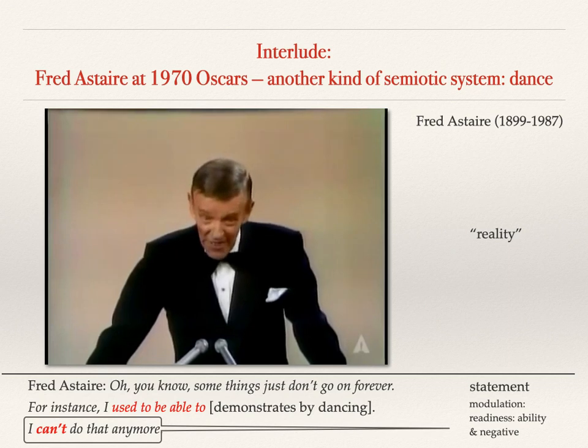All right. So this is a nice illustration of the importance of not enacting oneself as not having ability. I can't do that anymore. Now, this is, of course, a joke. But remember that he was a legend of musicals, seen as possibly the greatest dancer of the Hollywood musicals, sometimes together with another one.